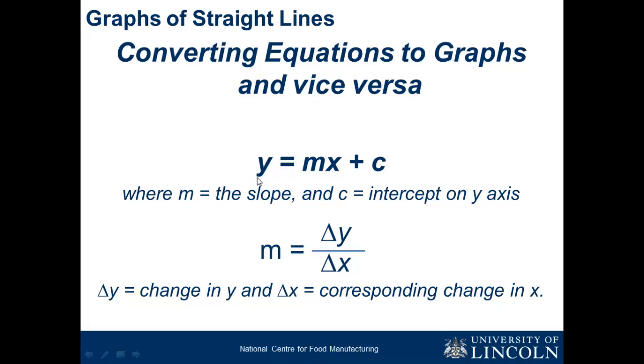This could be a unit of quantity produced in a food factory. This could be a particular ingredient that goes into that production. X could be a particular ingredient, y could be the total number of products that is produced. So we have made this simple to just use a simple y and x function.